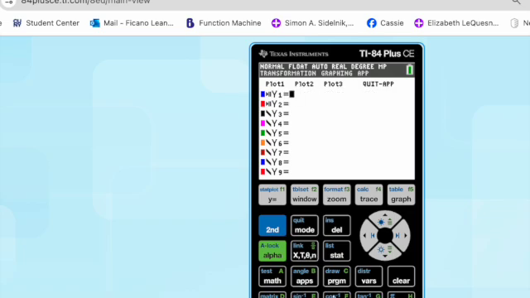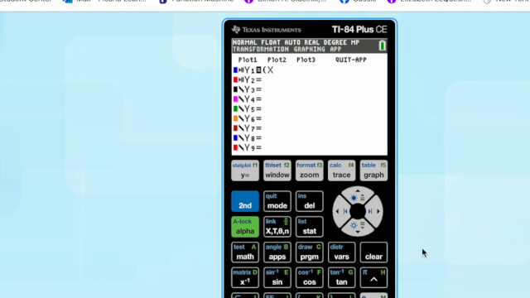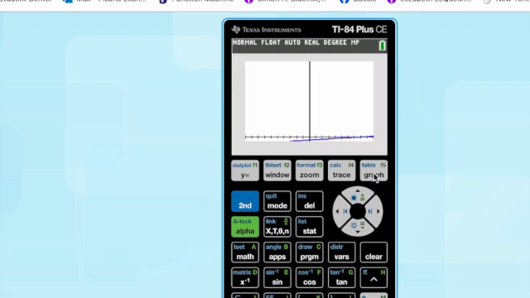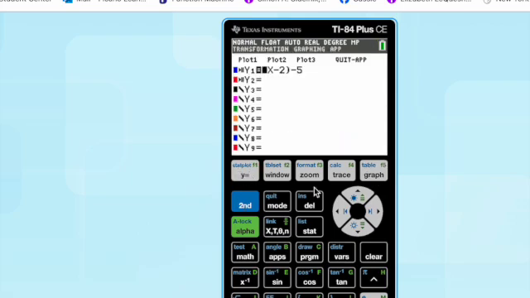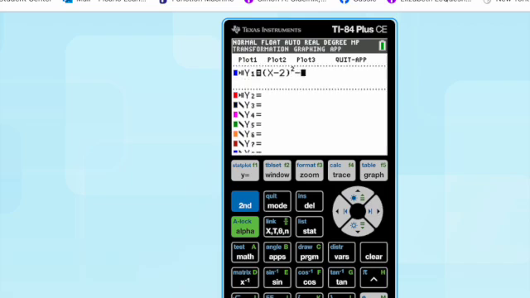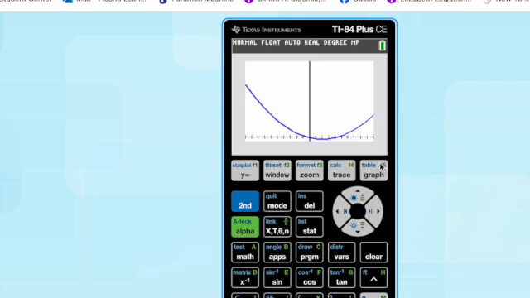Y equals, we have x, is this minus 2? Yep, minus 2, okay, minus 5. And we're going to, whoop, I did something wrong, right? It needs the square. Okay, minus 5. Okay, I saw that it wasn't the right shape. I knew something was wrong.